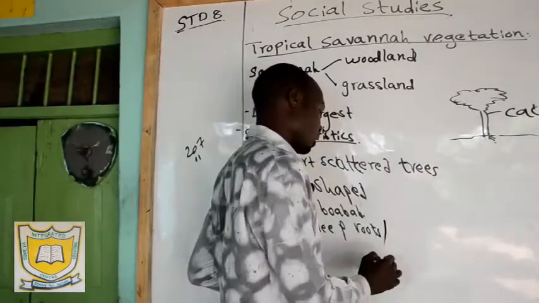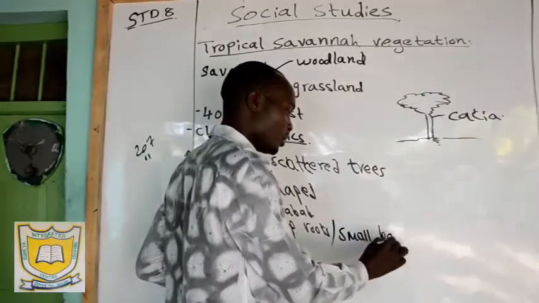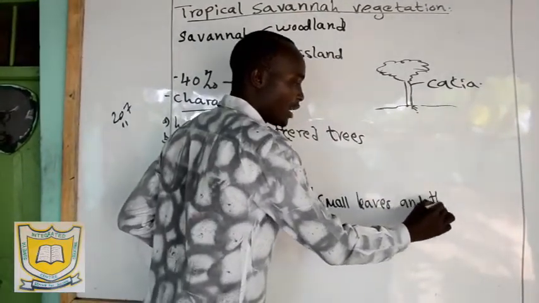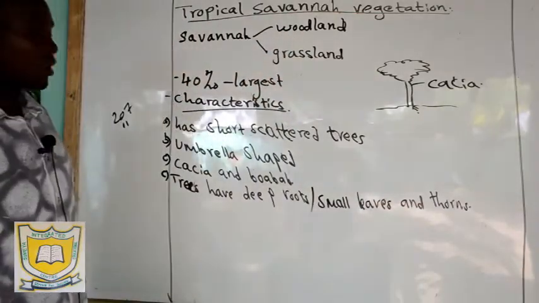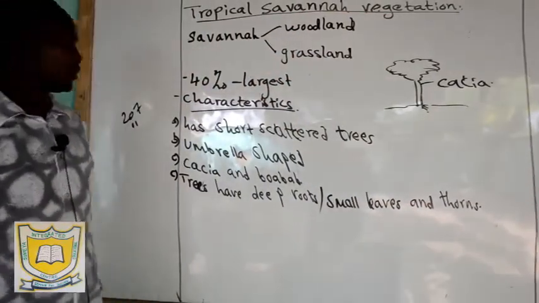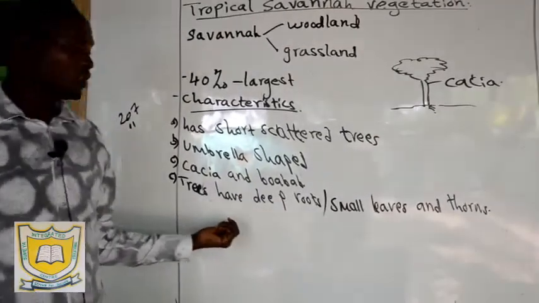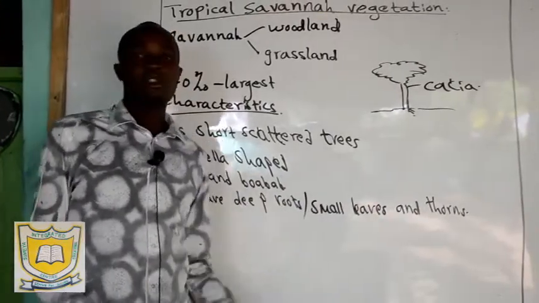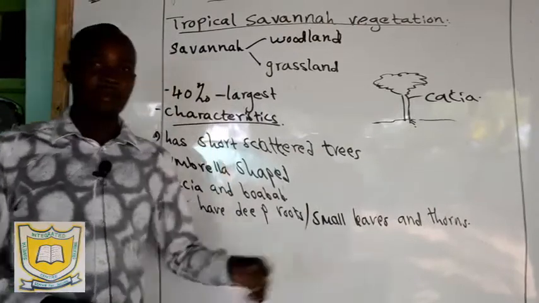They also have small leaves, and also have thorns to reduce water loss during the dry season. So they have deep roots to tap water during the dry season, and small leaves and thorns to reduce water loss. That's what we call transpiration, during the dry season in the savanna.